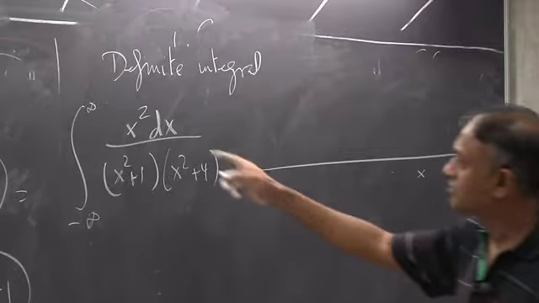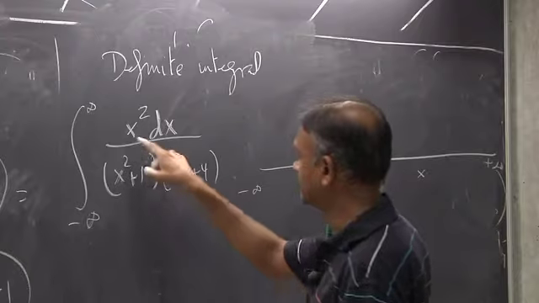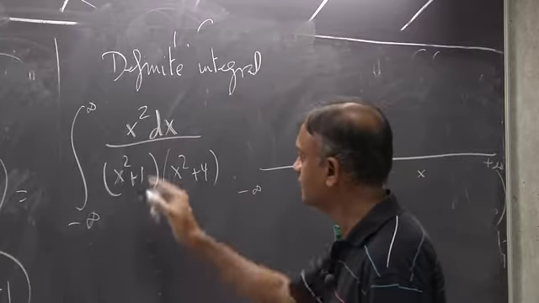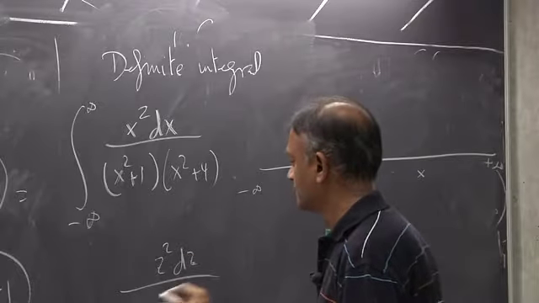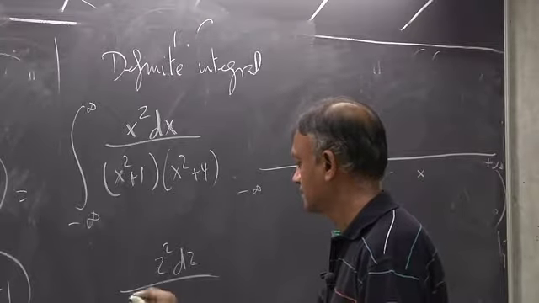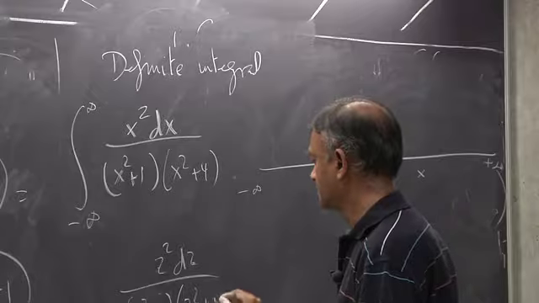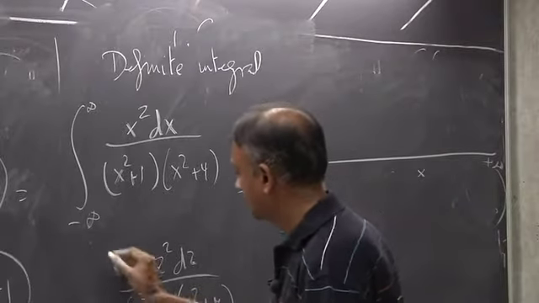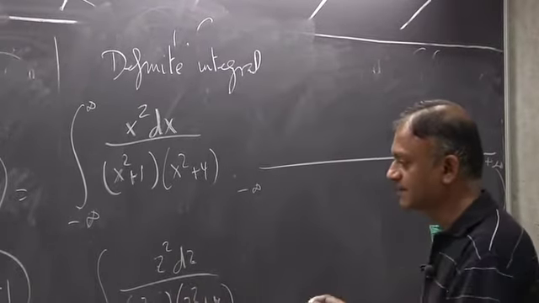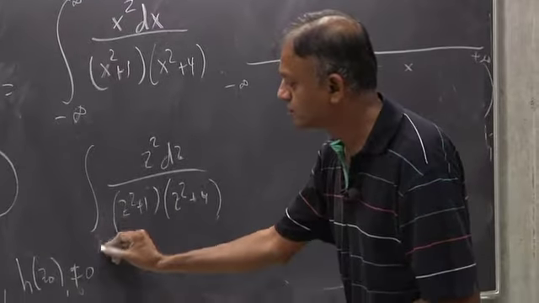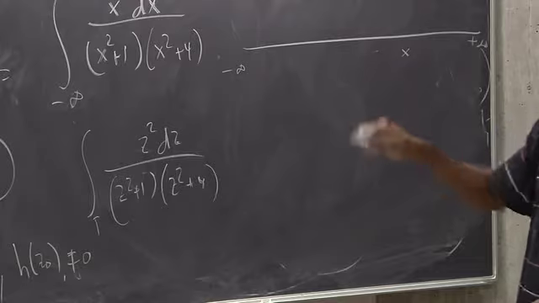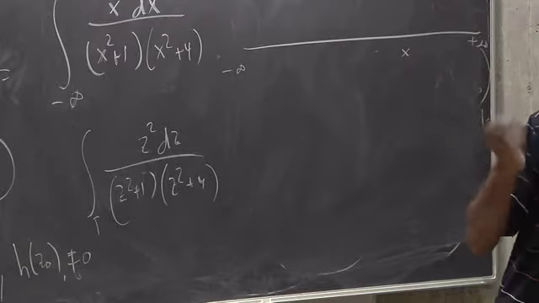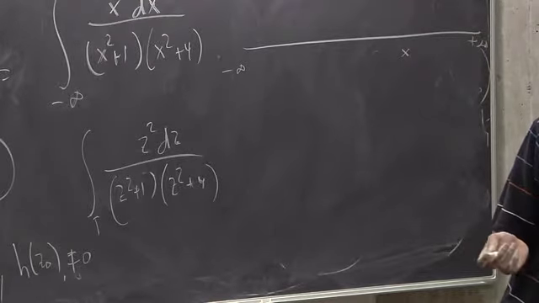Now, instead of x being a real number, just replace x by z: z square dz over z square plus 1 times z square plus 4. From the point of view of complex analysis, all I'm doing is integrating over a contour along the real line. However, it's not a closed contour. In order to use residues, you need to have a closed contour, right?